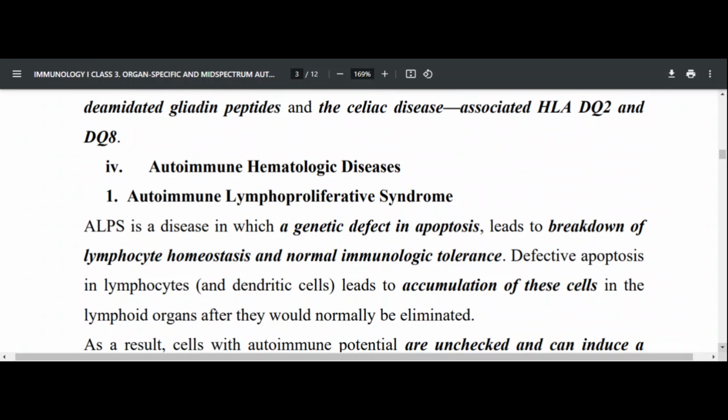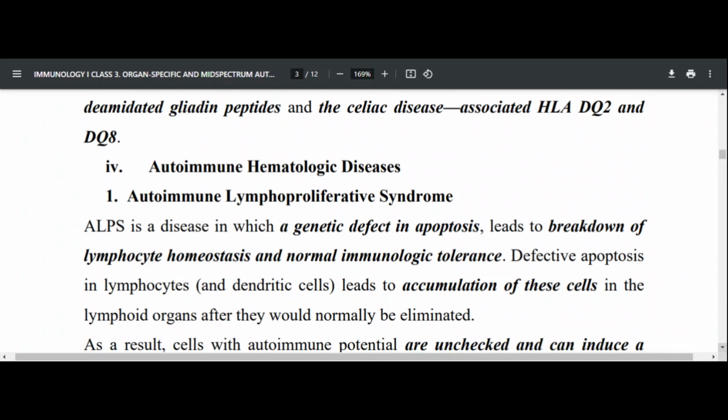So the defective apoptosis in lymphocytes is going to lead to accumulation of cells in lymphoid organs after they would normally have been eliminated. Apoptosis is not triggered because there is a defect in the apoptosis process, which leads to overaccumulation of lymphocytes in lymphoid organs.